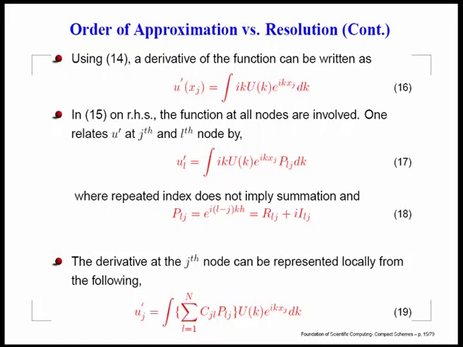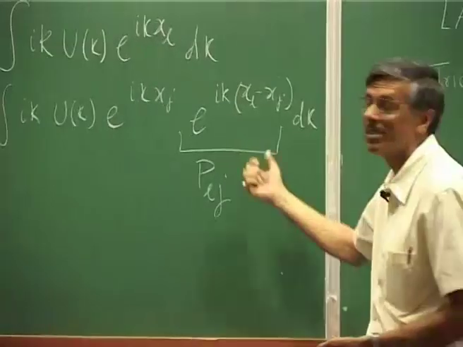So although my derivative on the left hand side relates to the Lth point, I am evaluating the phase at the jth nodes, all the jth nodes. If I just look at one particular point x_j, then I need to multiply by this projection operator. That's what we have written here.